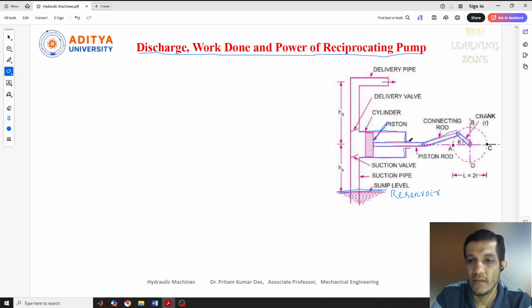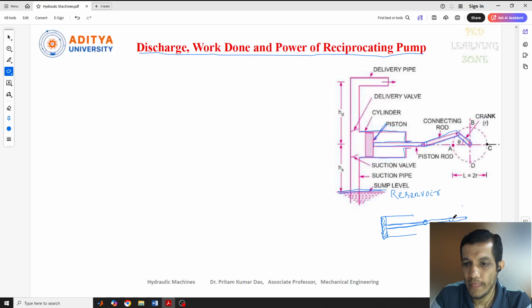Suppose the piston is present at this end of the cylinder, and this is the piston rod, which is also connected to the connecting rod, and the connecting rod is connected to the crank.